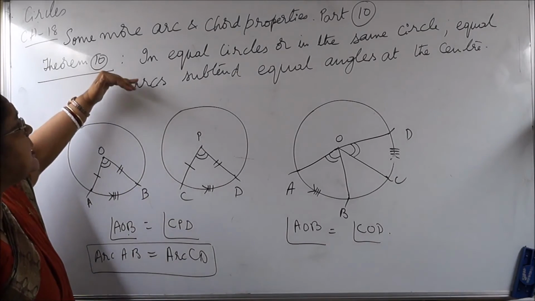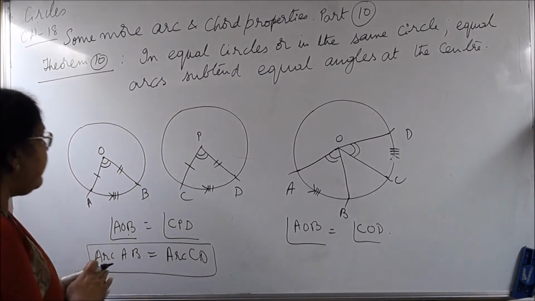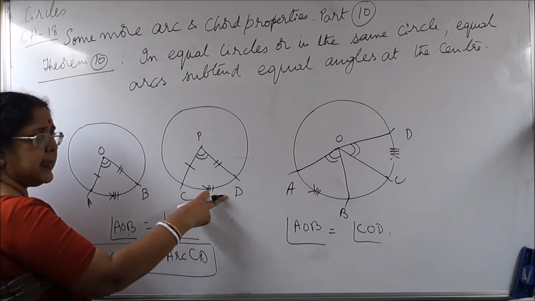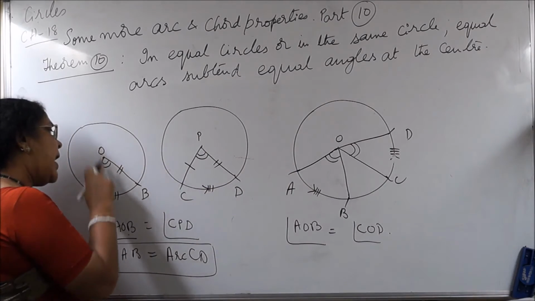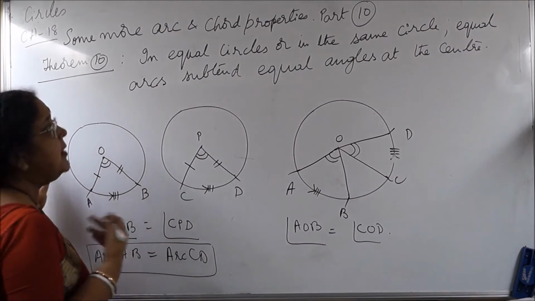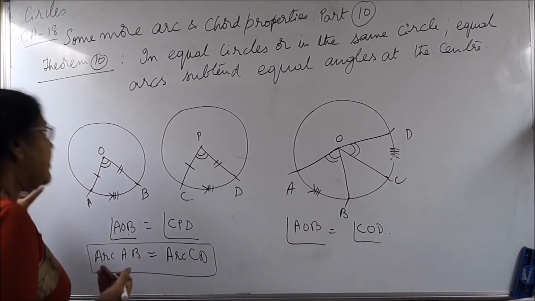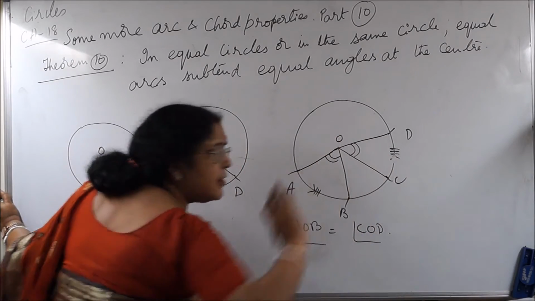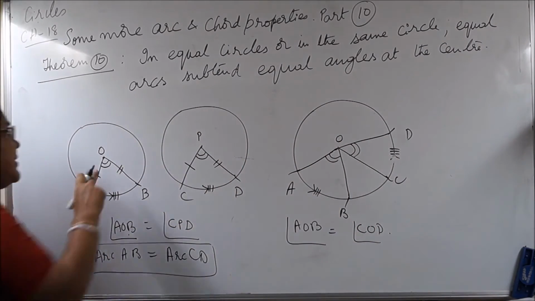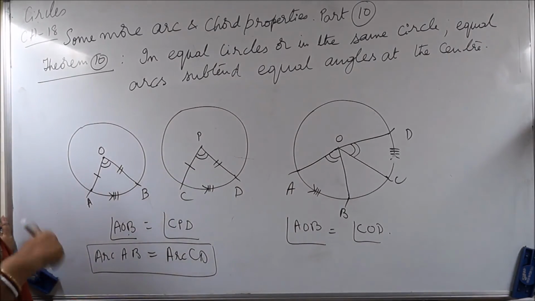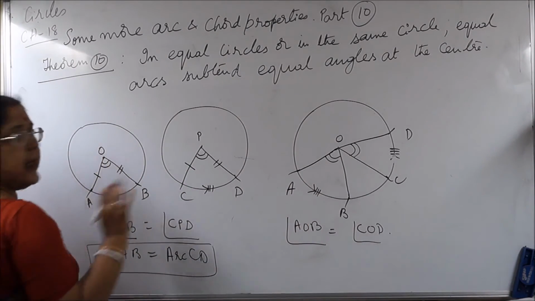So now in this theorem what we said is that if the arcs are equal in equal circles or in the same circle, then the angles subtended by the equal arcs at the center are also equal. The converse says that if equal angles are subtended by two arcs, either in two equal circles or in the same circle, then the two arcs are equal.